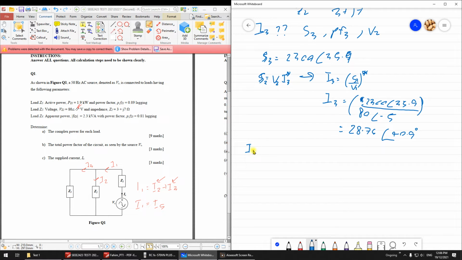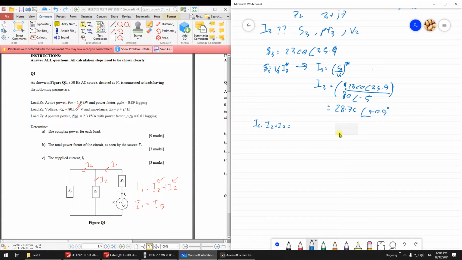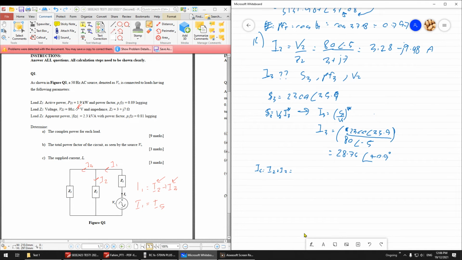So recall, IS is equal to I2 plus I3, which equals 3.28 minus j9.98, plus 8.75 angle 40.9.